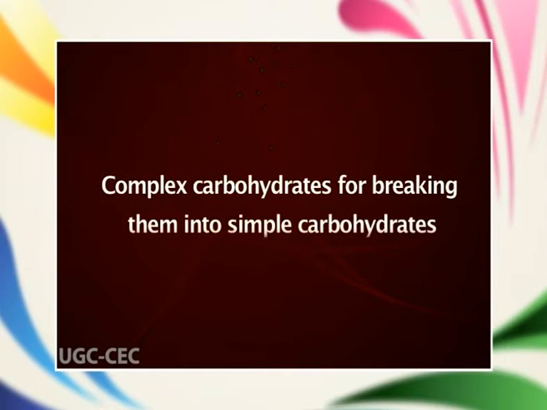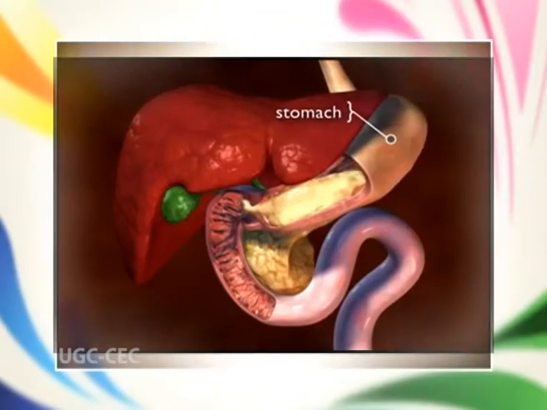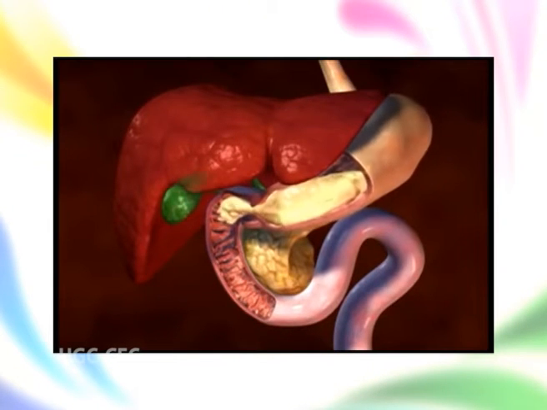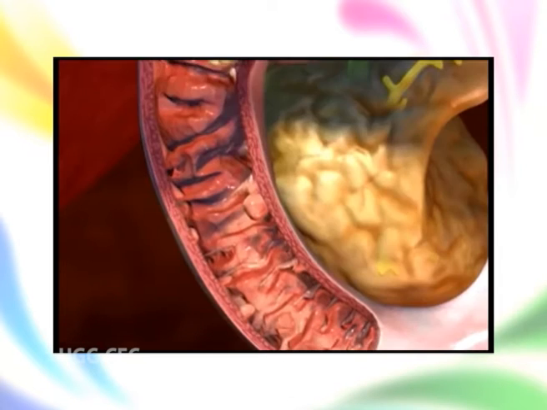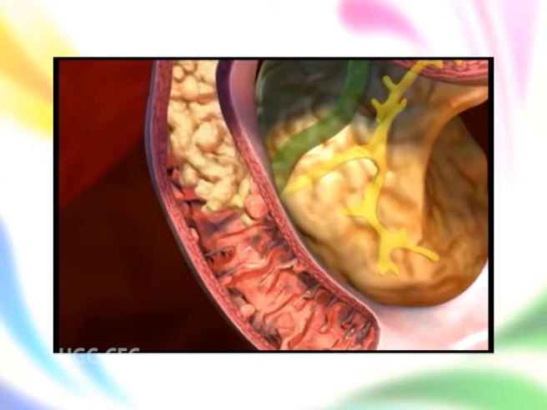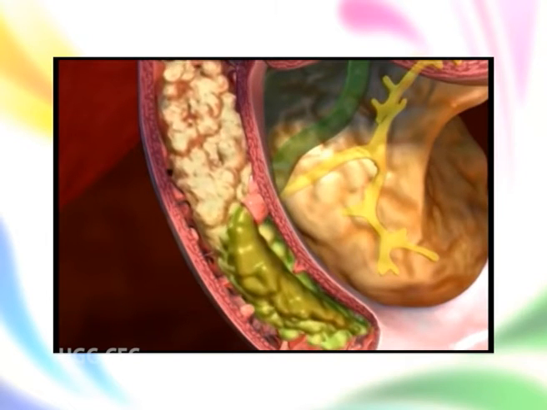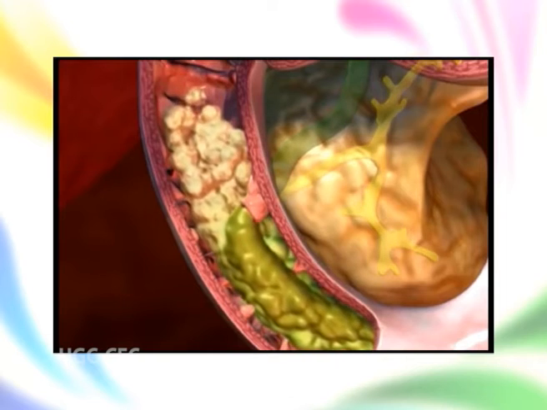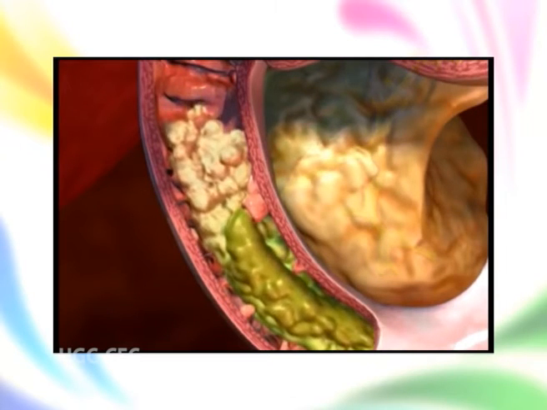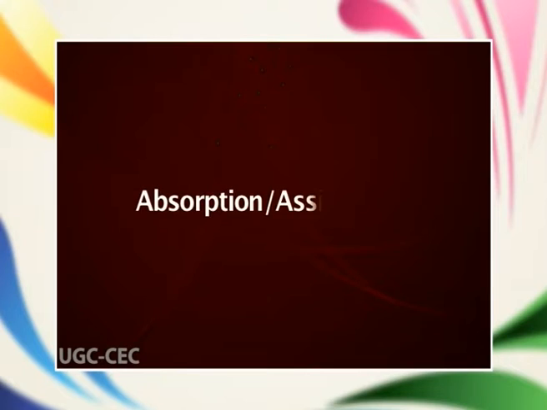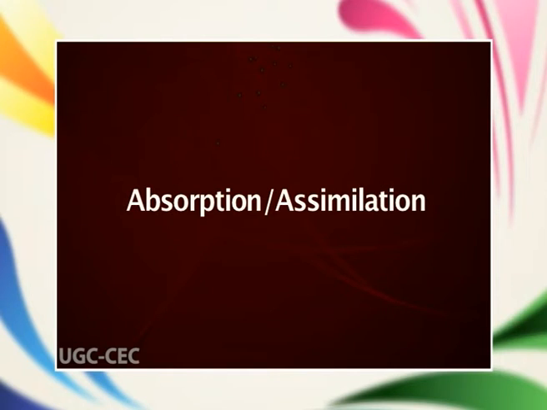Chemical digestion starts with salivary amylase in the mouth, which acts on complex carbohydrates for breaking them into simple carbohydrates. The process of chemical digestion is continued in the stomach. However, the bulk of chemical digestion occurs in the small intestine with the aid of accessory digestive organ, that is the pancreas.